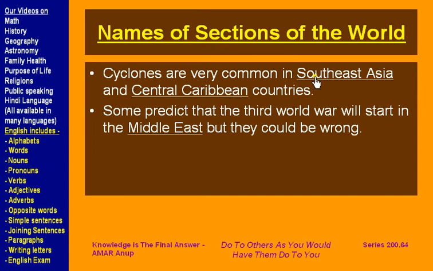So Southeast Asia represents a part of the world which is in the southeast of Asia, and so S in Southeast and A in Asia is capitalized. Same way, Central Caribbean, both the C's are capitalized. But remember, if we are talking about 4 directions like east, west, north, south, they are not capitalized.